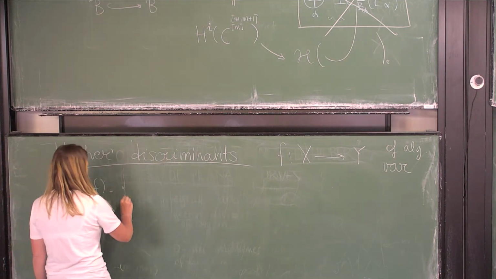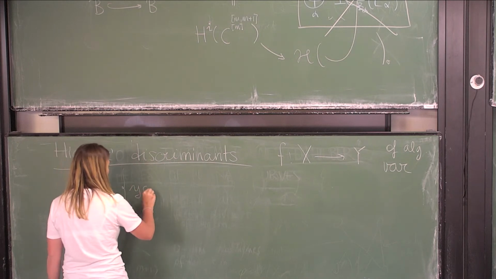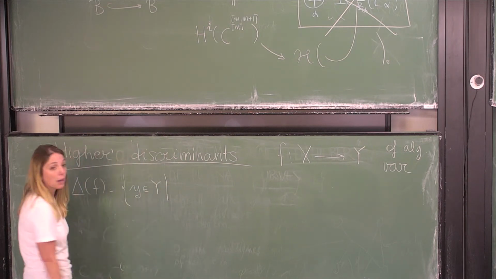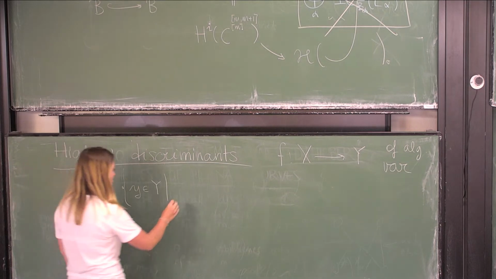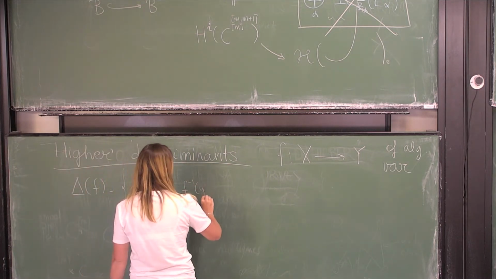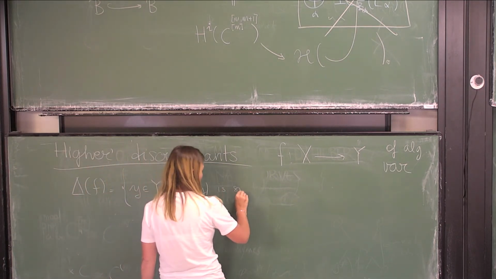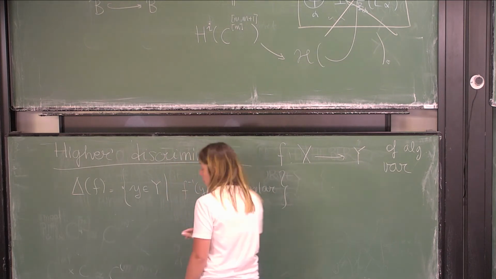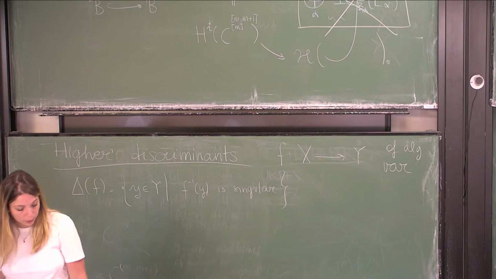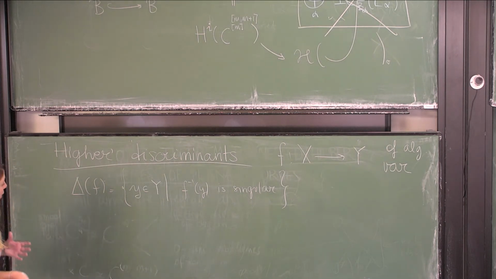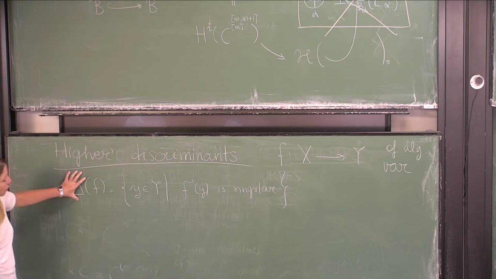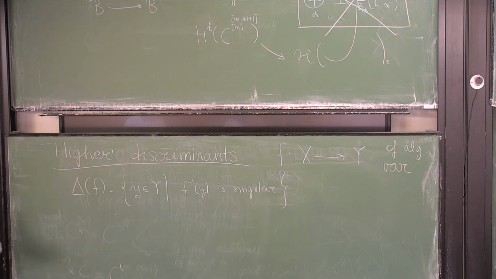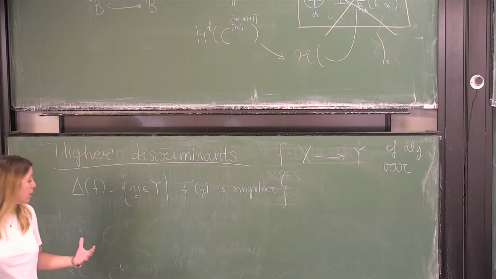Let me just recall it: it is the set of points in our target Y such that the fiber is singular. So it's the locus where things go really bad.